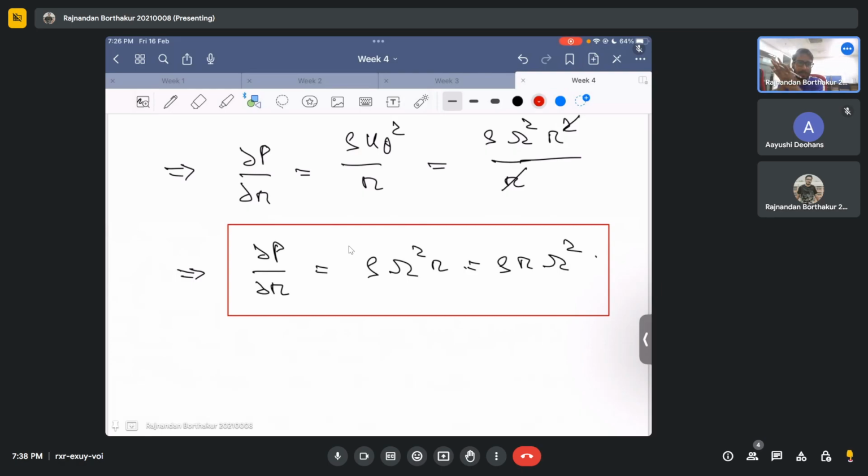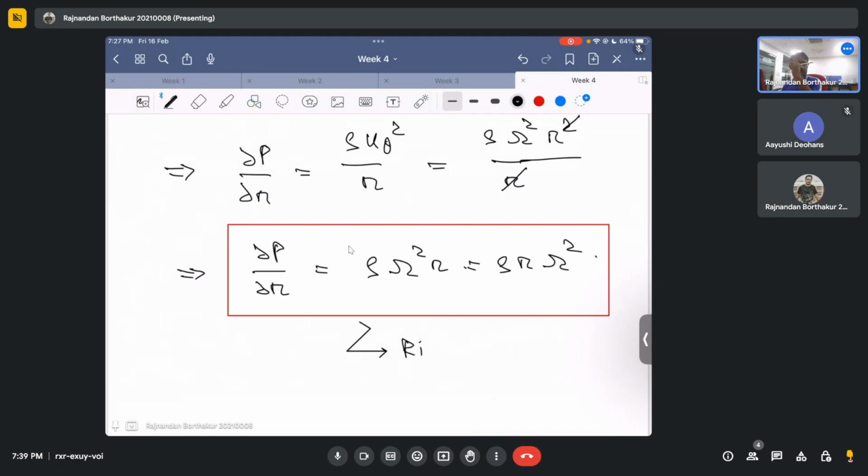The pressure gradient is balanced by the centripetal force, and what do we call this? Yes, this is known as the rigid body motion. This is nothing but the rigid body motion that we learned in fluid dynamics.